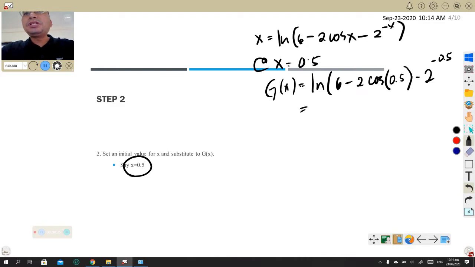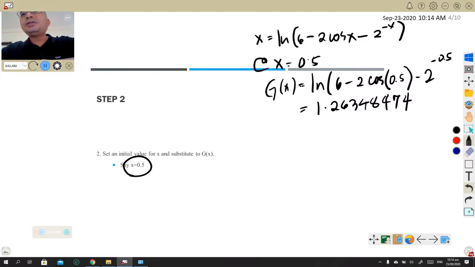Then, using our calculator, we can solve for the value, which is 1.2634847.